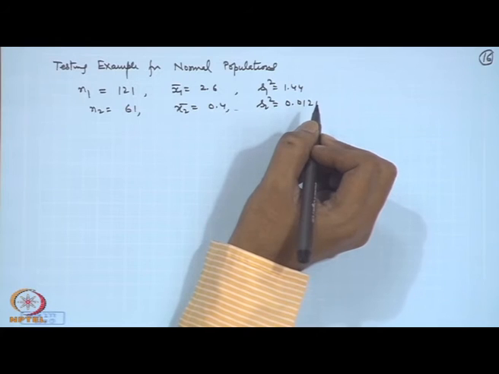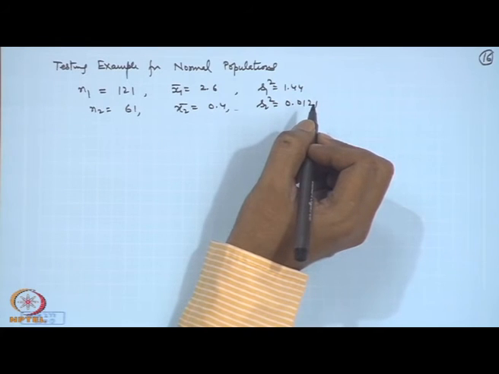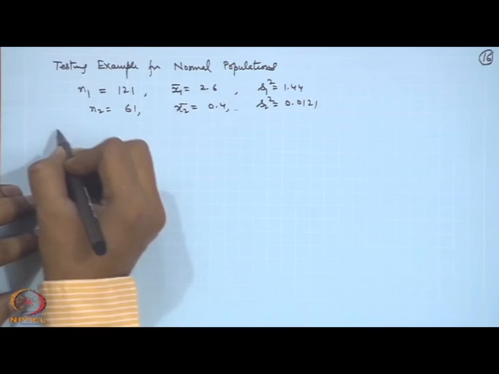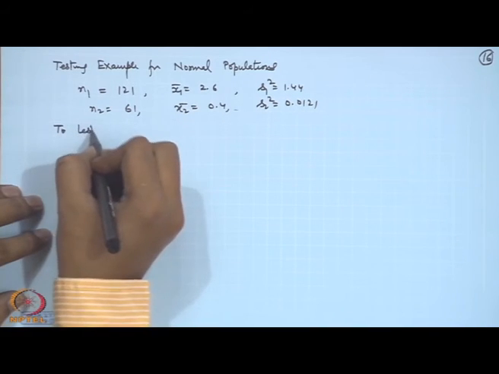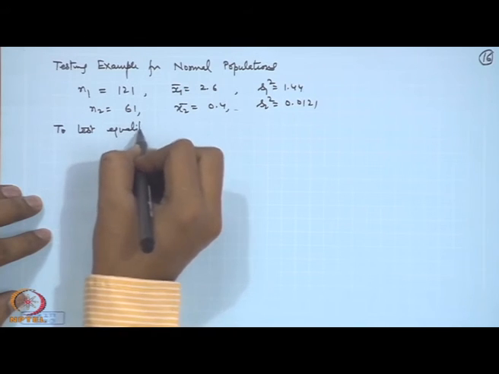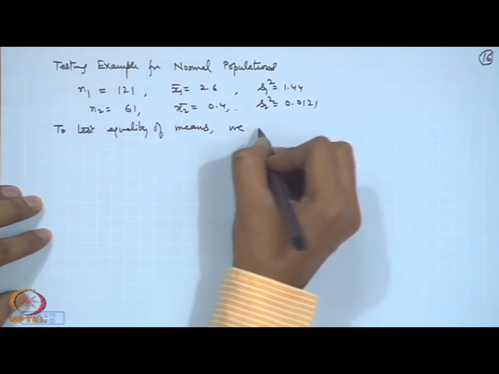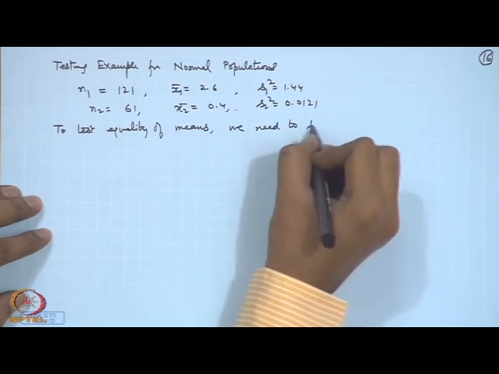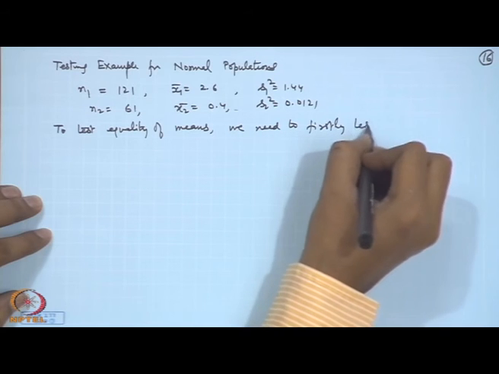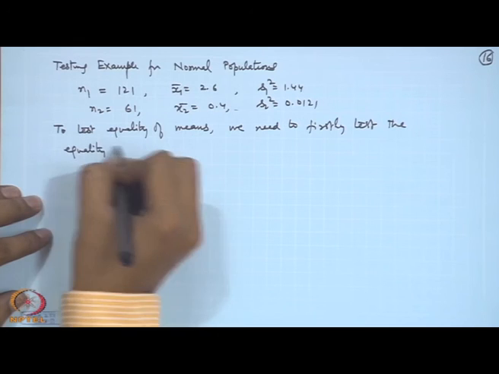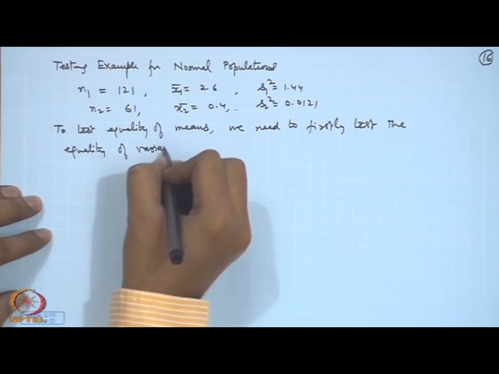We want to test whether the 2 normal populations have similar means or variances. So, if we calculate this, to test equality of means, we need to firstly test the equality of variances.